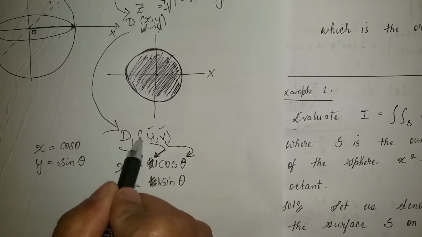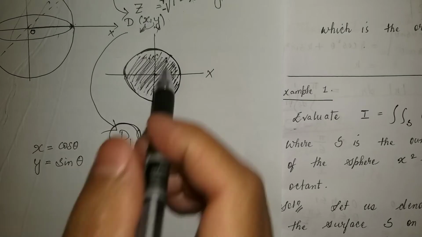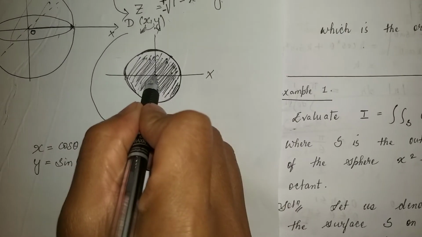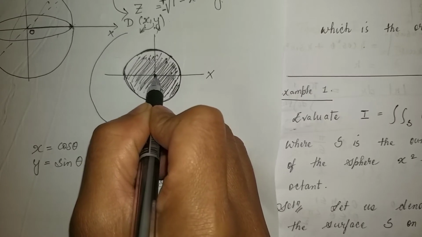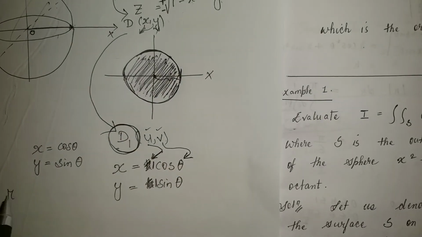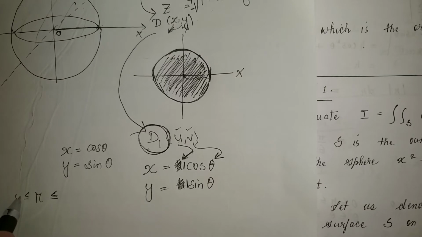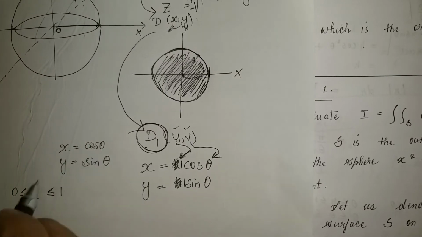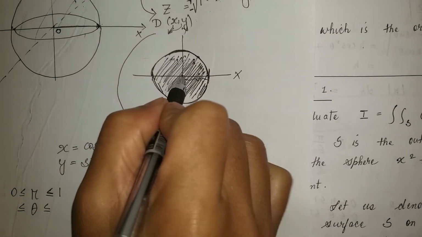And what will be the domain? r will have to vary from 0 to 1. And theta is the angle.